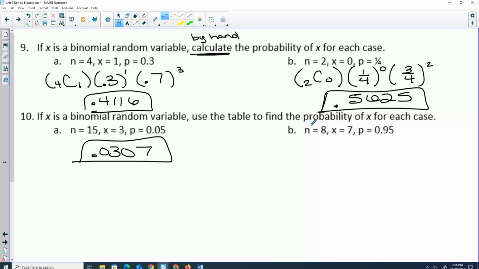B, n is 8, so we have to go back a page. X is 7. P is 0.95. And we get 0.2713. Did everyone find those on their table?